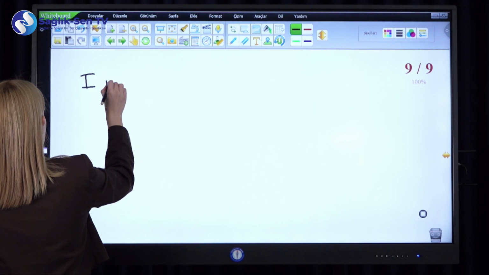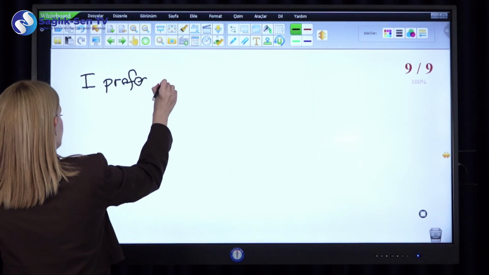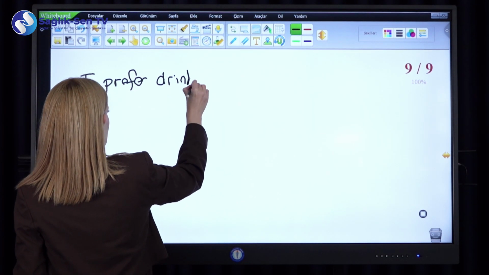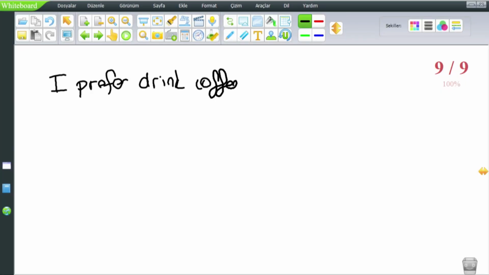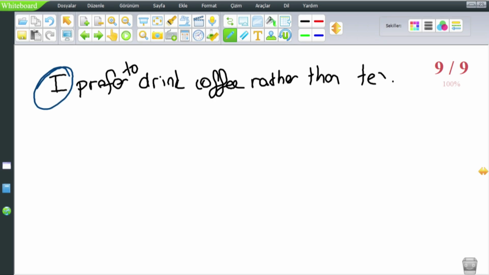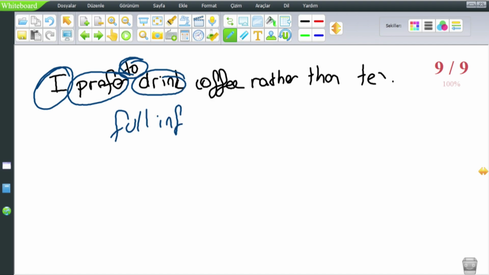One more example. I prefer to drink coffee rather than tea. The subject is I, and I put prefer plus to verb 1, the full infinitive.